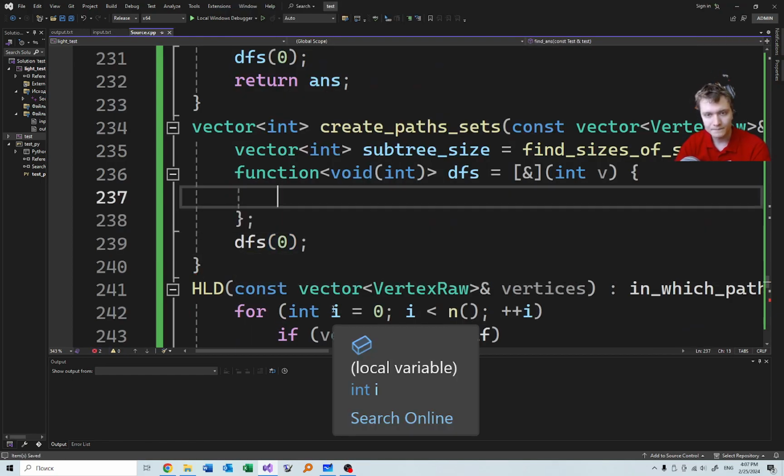Okay, let's look at our vertex. So if it is a leaf, let me think. Okay, so let's look at our vertex.